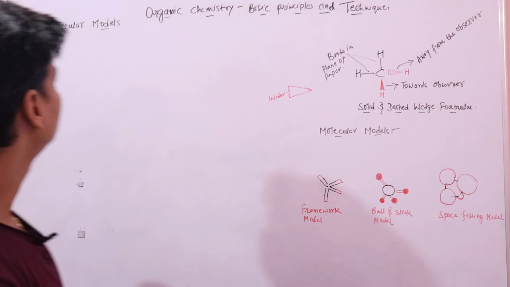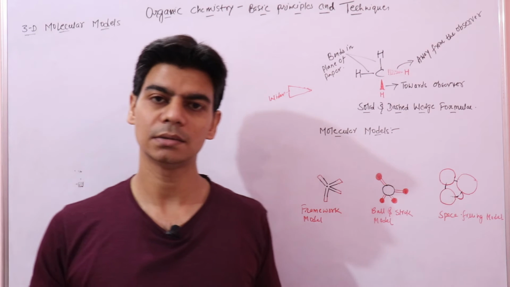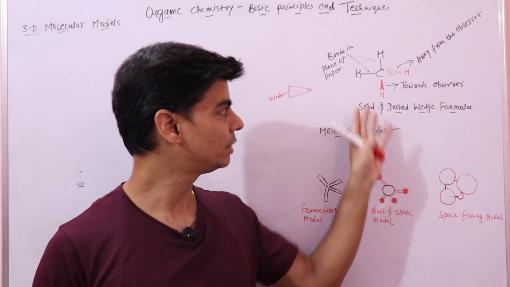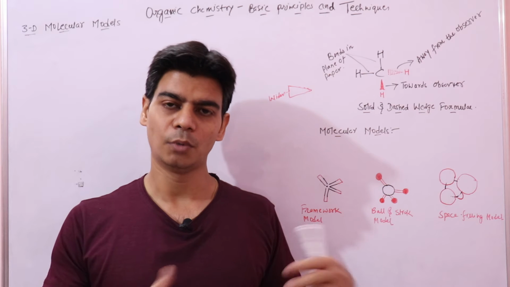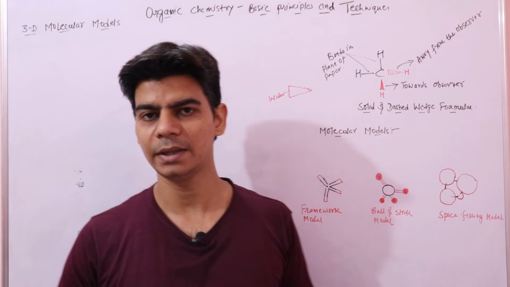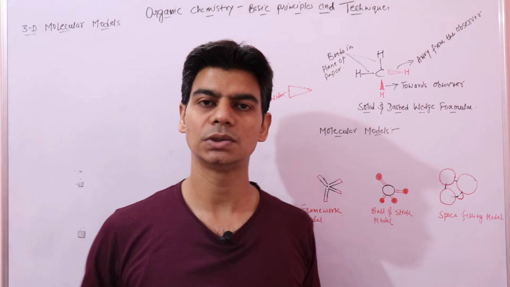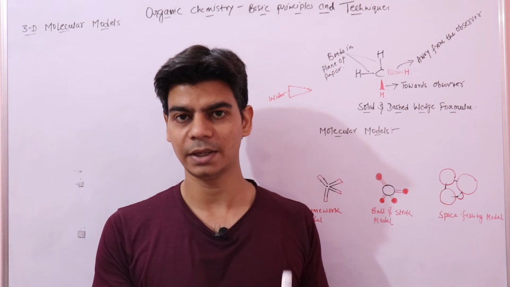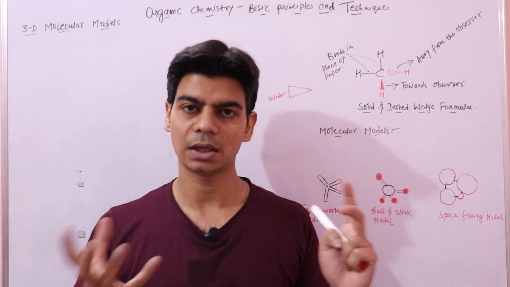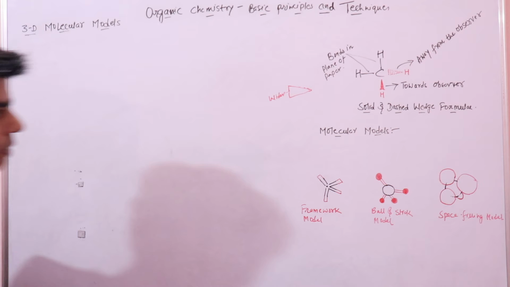These models are used to study three-dimensional molecules. In higher classes, your professors will bring such molecular models to show you how bonds and atoms are arranged in three dimensions in organic compounds.